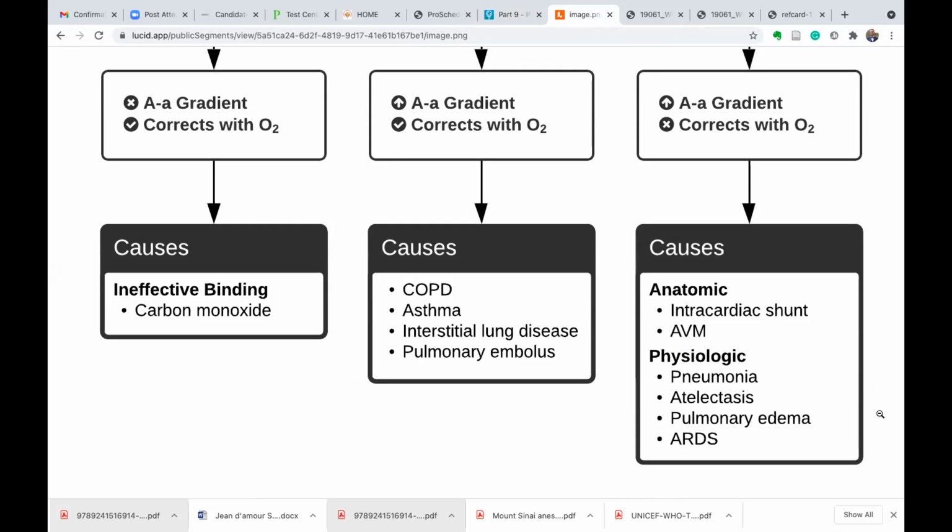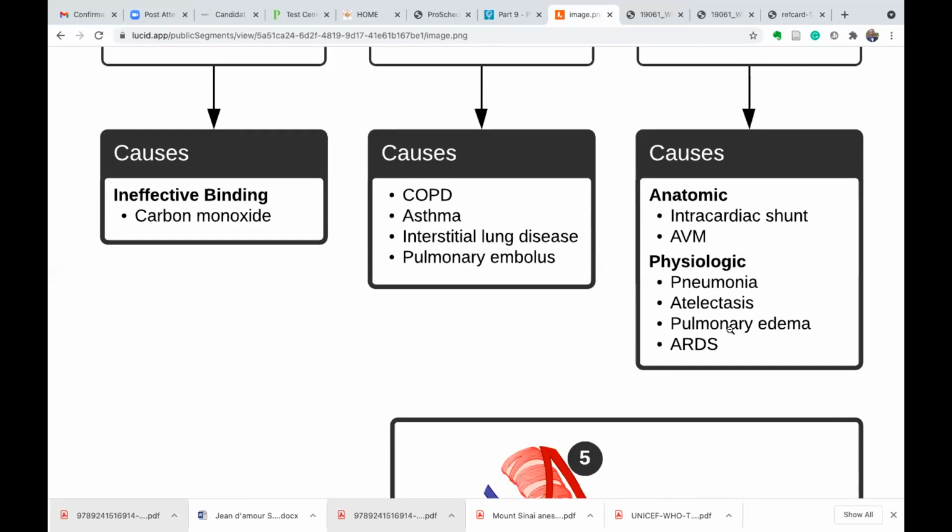So physiological causes like pneumonia, you may have atelectasis, pulmonary edema when you have increased fluid in the alveoli, pneumonia, you may have even pus in the alveoli, atelectasis, you have a collapsed alveolus, and acute respiratory distress syndrome, which is a spectrum and a complication of most of these.